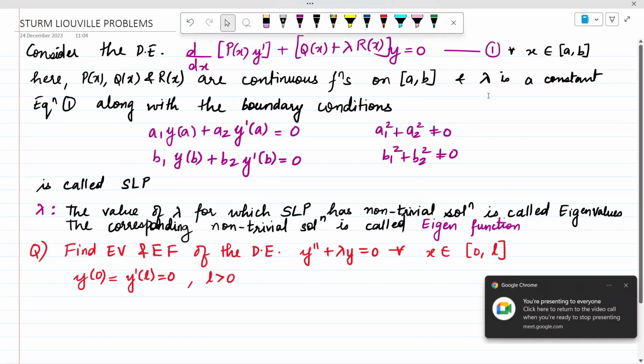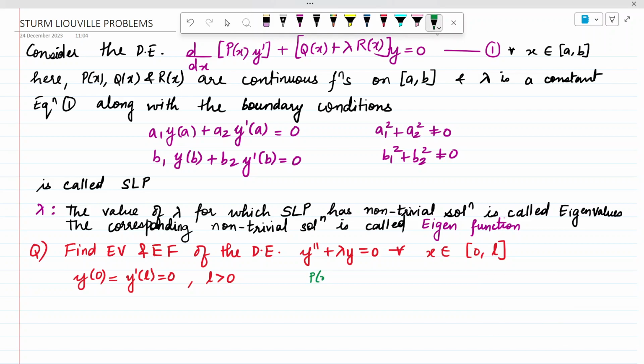Yes, ma'am. Okay, let's see. So what we do here is, suppose I take P of x equal to 1, Q of x equal to 0 and R of x equal to 1. If I put these values in equation number 1, observe that all of these are continuous functions, correct? They are constant functions, all continuous. Your condition says P of x, R of x and Q of x should be continuous functions on the given interval.